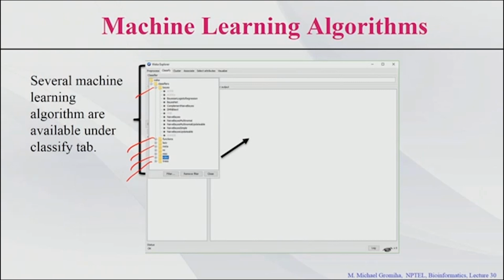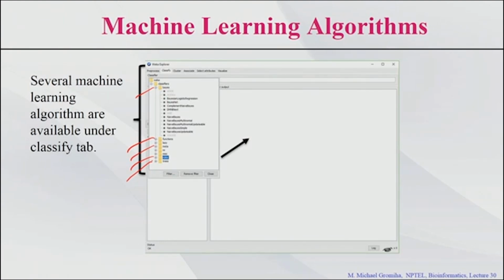Under bayes there are naive Bayes, Bayes net and so on. Under functions, you get logistic regression and other options, and likewise you can see neural networks, multi-layer perceptrons, and various support vector machines. We have more than 50 programs incorporated in this Weka platform. So, you can try various options and see the performance.